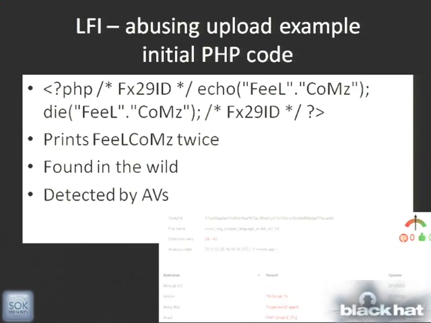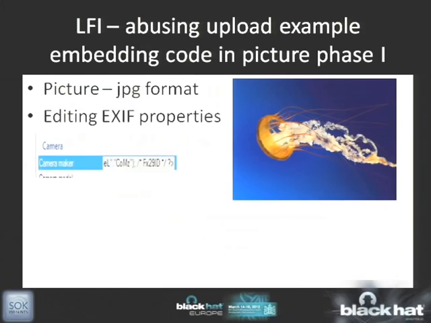It really just concatenates two times the string, and it's used by hackers just to test whether a page is vulnerable to an RFI attack. So we begin with a code that is recognized by 24 antivirus engines.